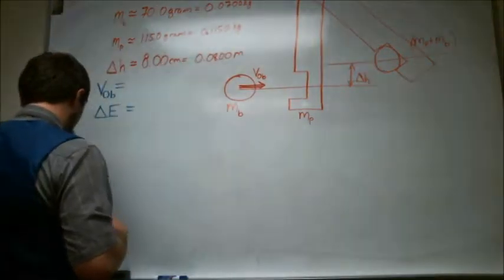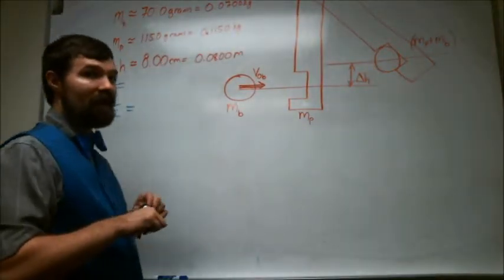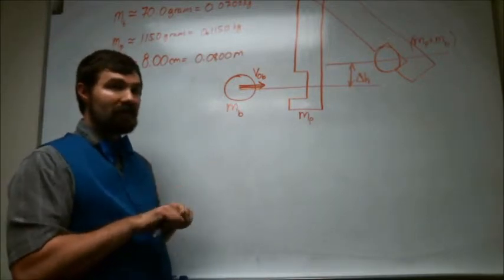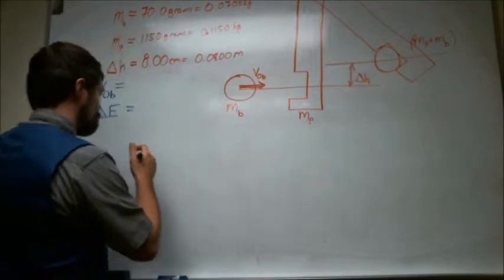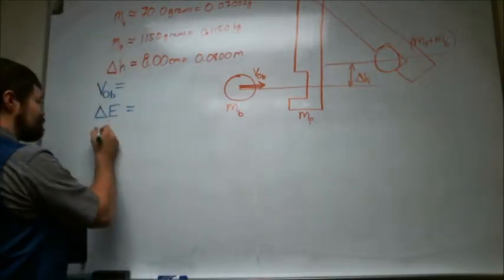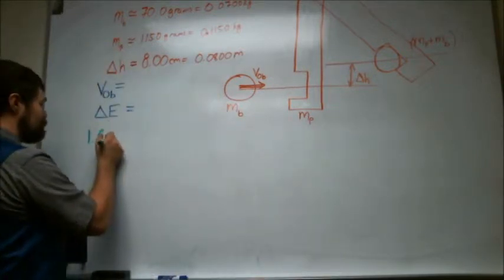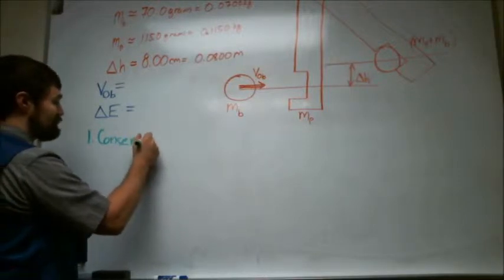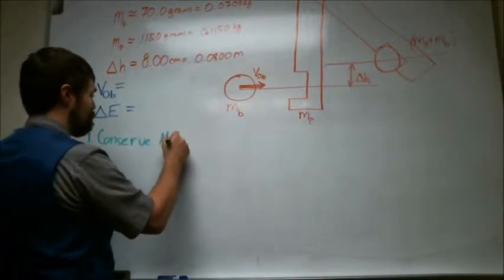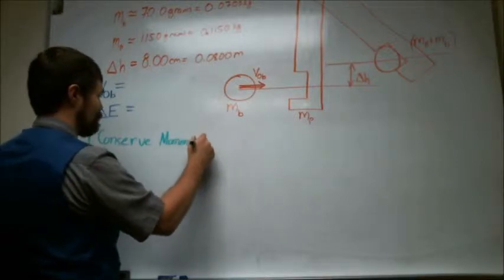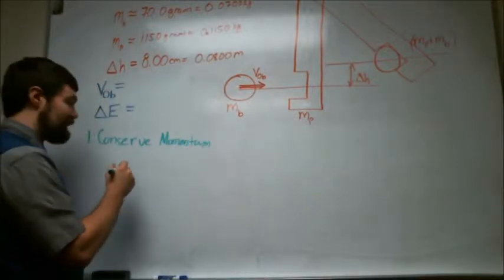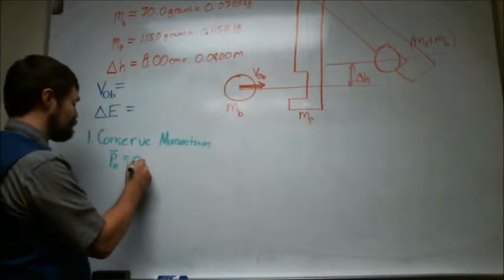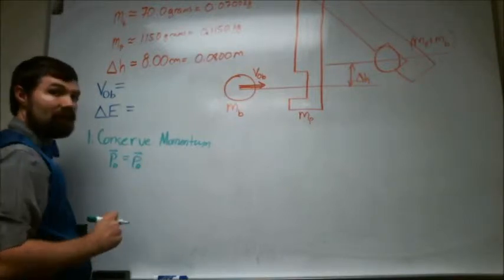In order to solve this problem, we have two steps that we need to undertake. The first is conservation of momentum. So we need to conserve momentum. That means our initial momentum needs to be equal to our final momentum.